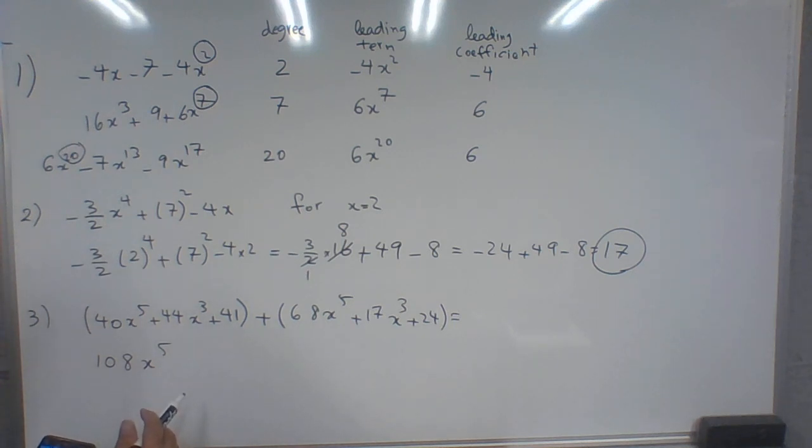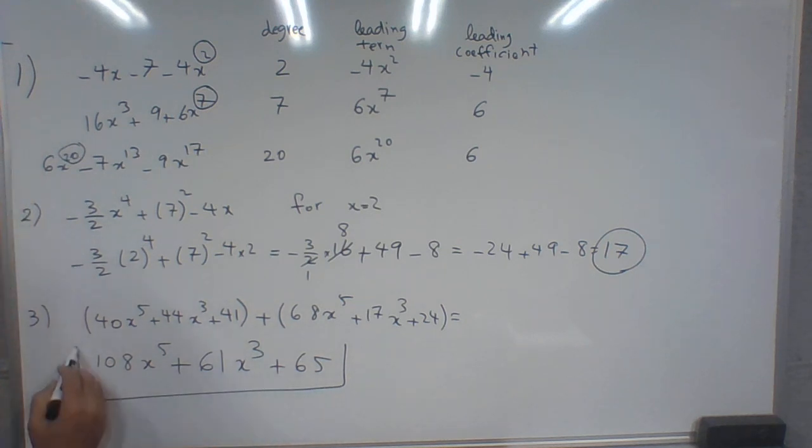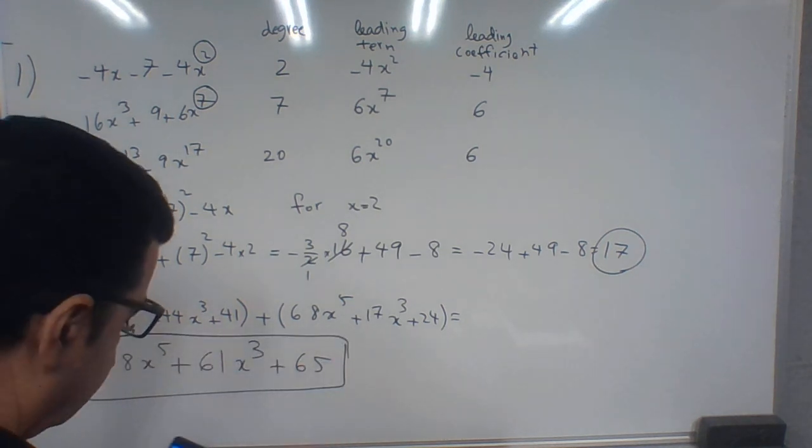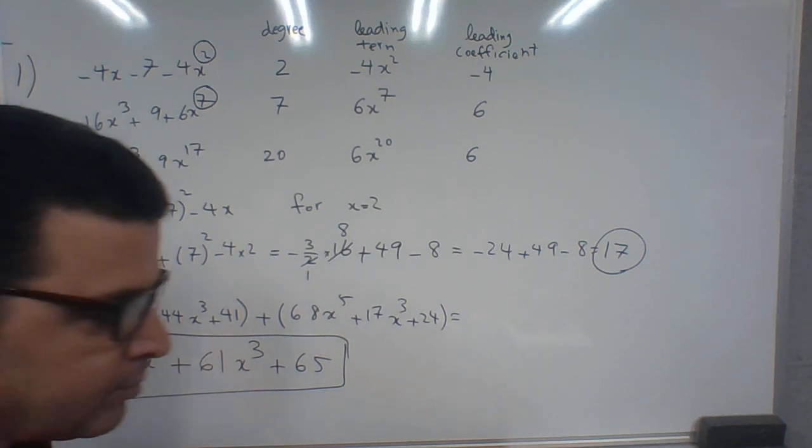And then we have 44x cubed plus 17x cubed. So we add 44 and 17, which is 61x cubed. Plus 41 plus 24 is 65. So this is the final answer. Okay, this was problem number 3.